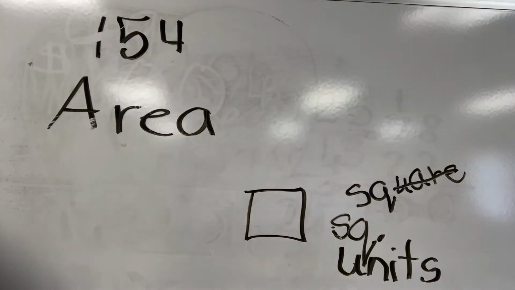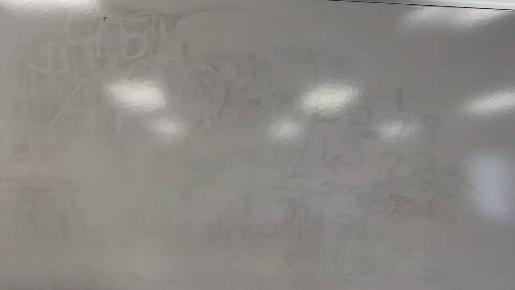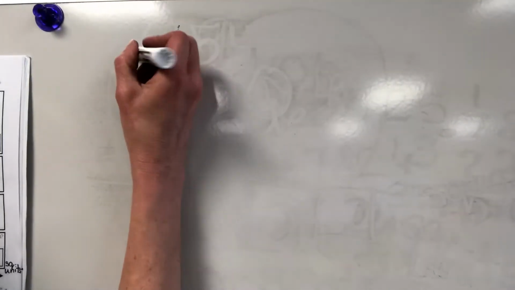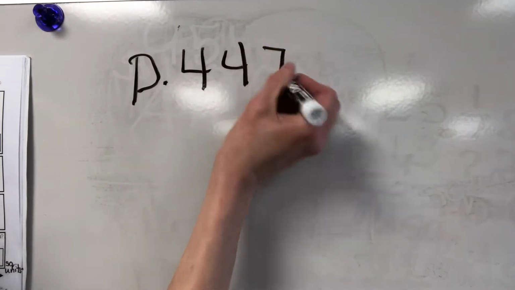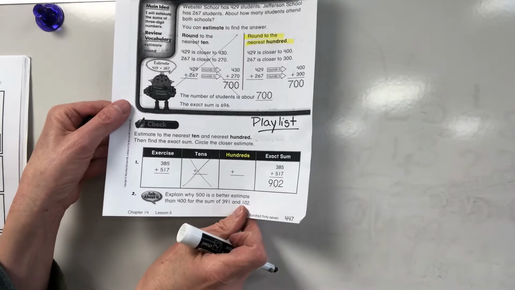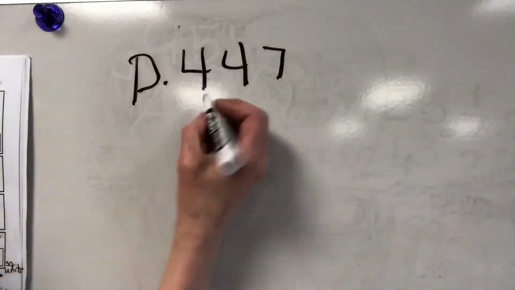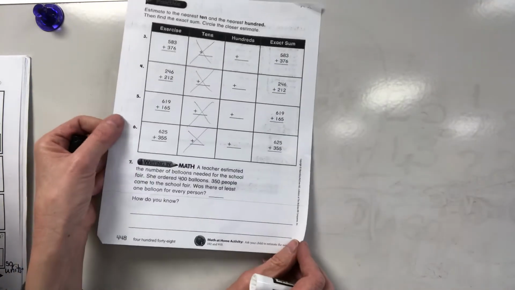So now let's go to our math worksheet today. And you are to work on page 447, and it looks like this, and page 448, and it looks like this, but I'm going to modify it.